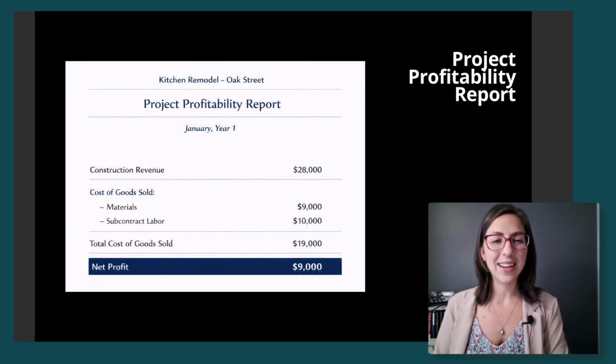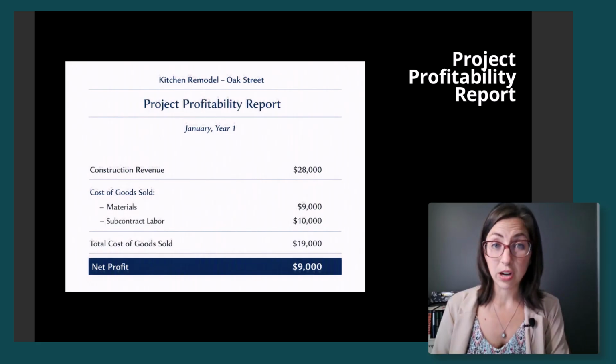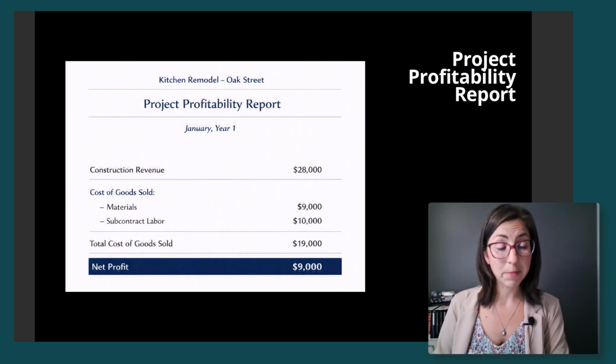So when they do all of that, it's up to date. They can run this report and say, where are we? If it's in the middle of the project, they can see if they need to go ahead and do a progress bill for the revenue. They can monitor their costs, and most importantly, they can see where they stand. Are they in that net profit, and is that a healthy net profit?